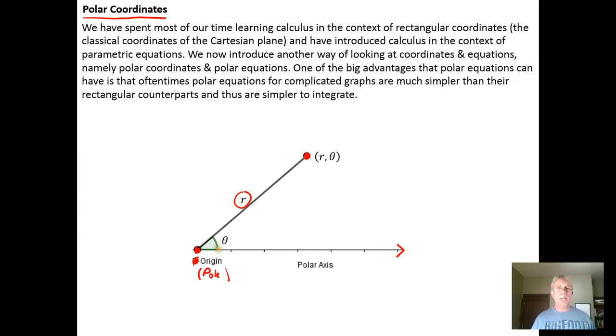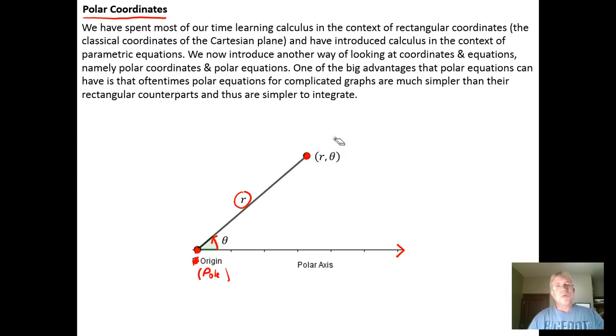And then we measure the angle theta from the polar axis to the directed line segment. And then we represent the point in terms of the radius and the angle with respect to the polar axis. And it turns out this is sufficient information to completely characterize this point in the plane.